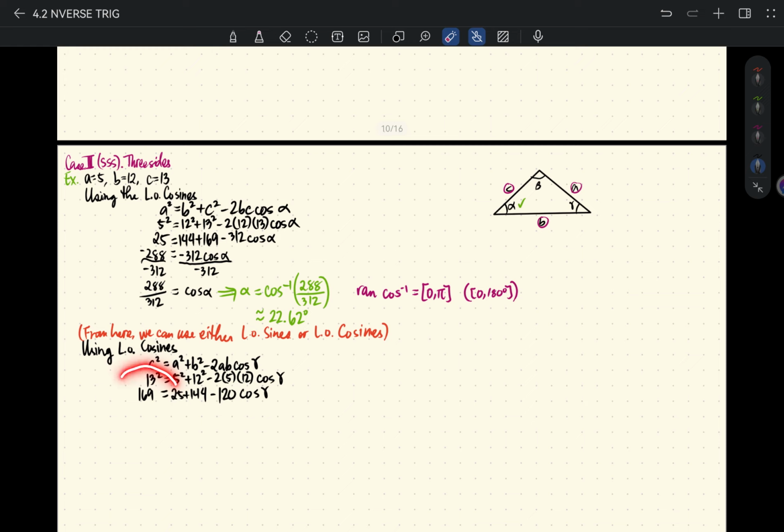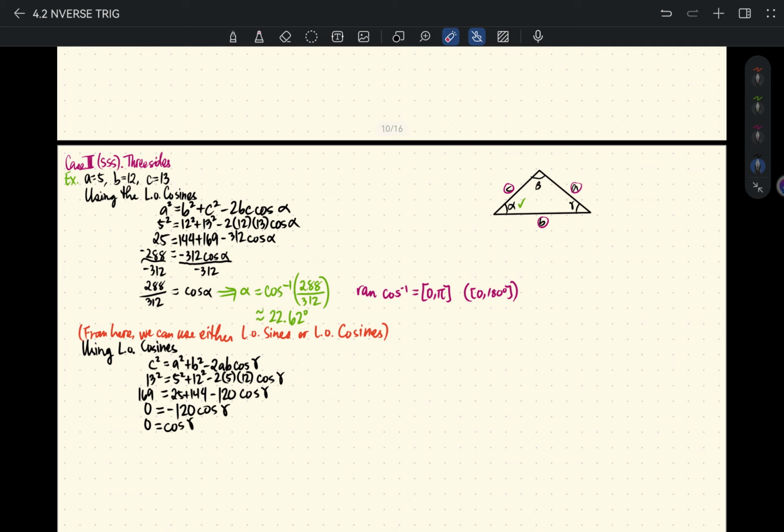Then putting 25 and 144 on the other side, we get 169 minus 25 minus 144. That's actually 0 now, right here. You get 0 equals negative 120 cosine gamma. And so we have 0 equals cosine gamma.